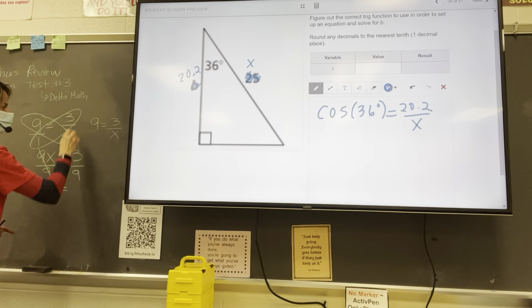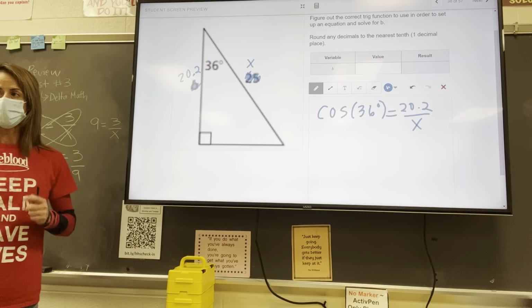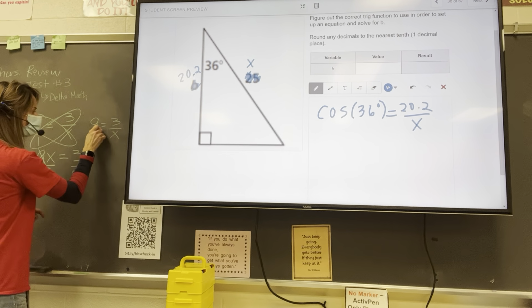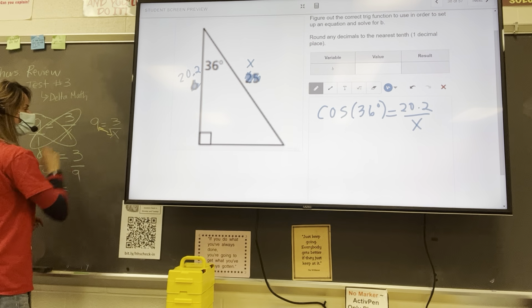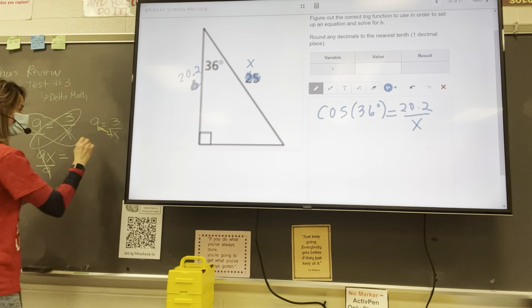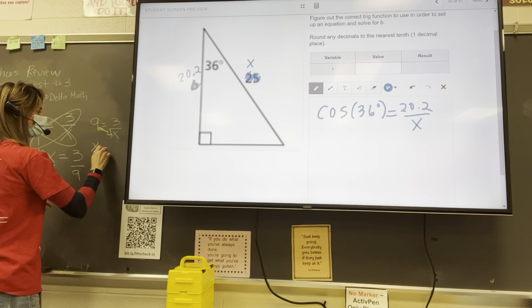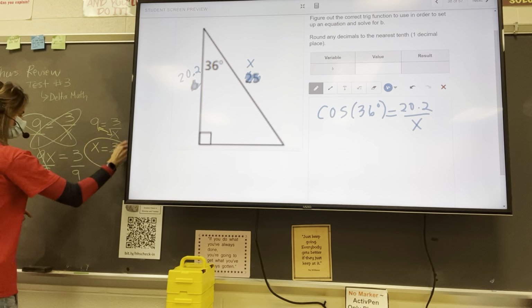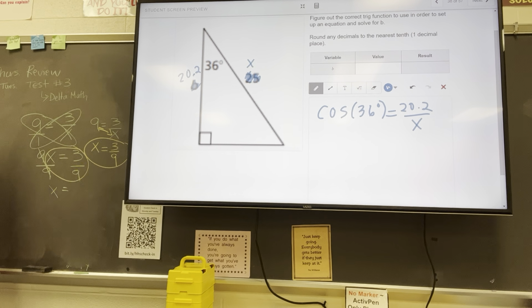If you have a variable in your denominator, you don't have to go through all that. You can switch the location of the x and the 9. Leave the 3 where it's at. So this becomes x equals 3 over 9. Notice it's the same as if we went through all of this work.